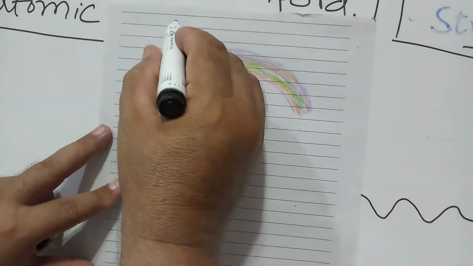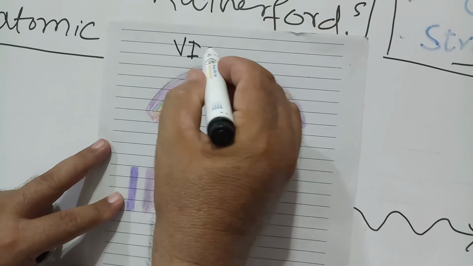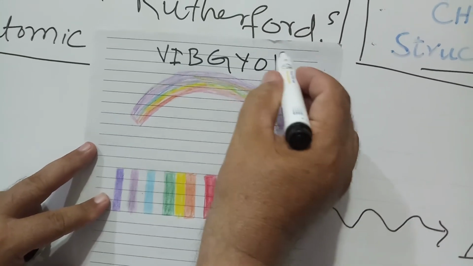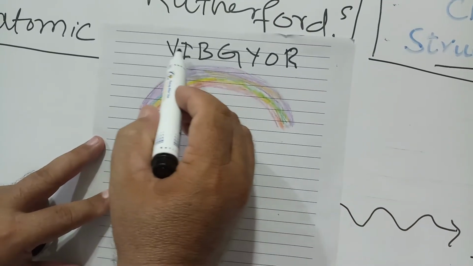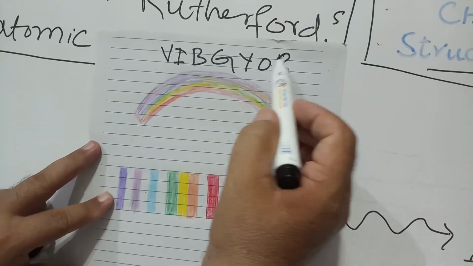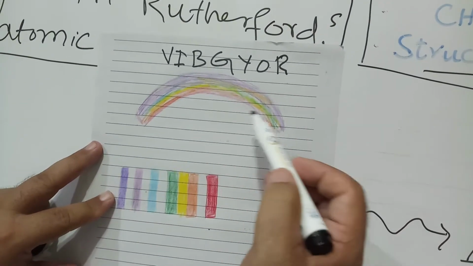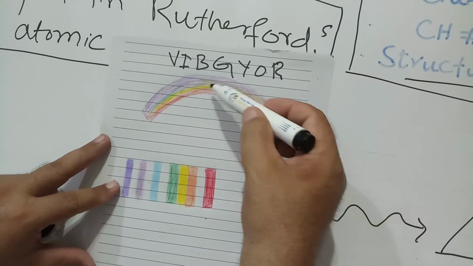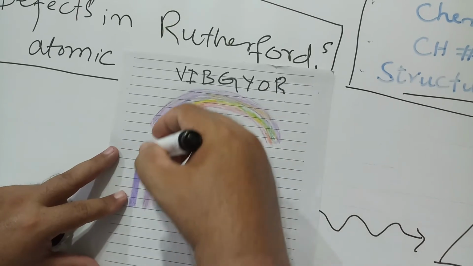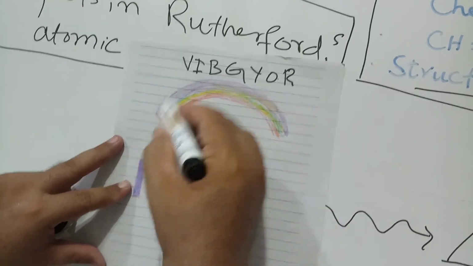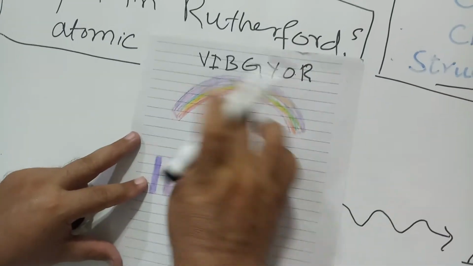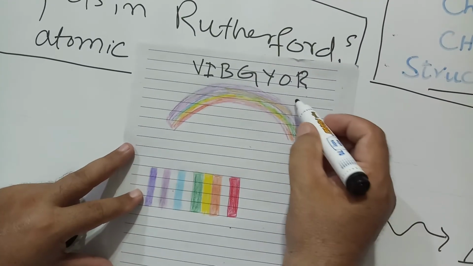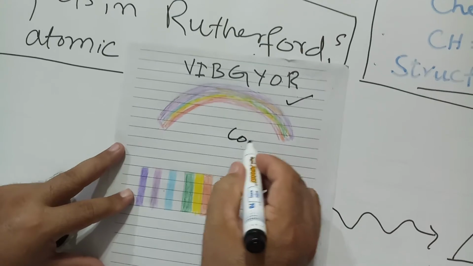All seven colors are there, but these colors are mixed together. They are merged and overlapped. They don't have sharp boundaries through which they are separated. They are merged into each other. Such a spectrum is called a continuous spectrum.